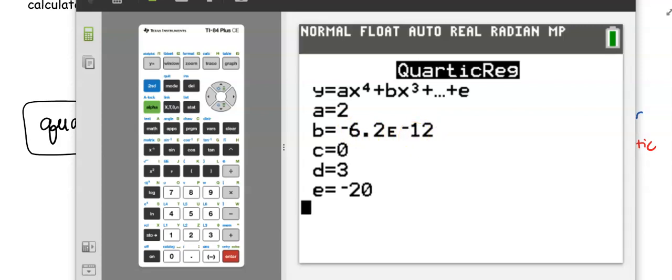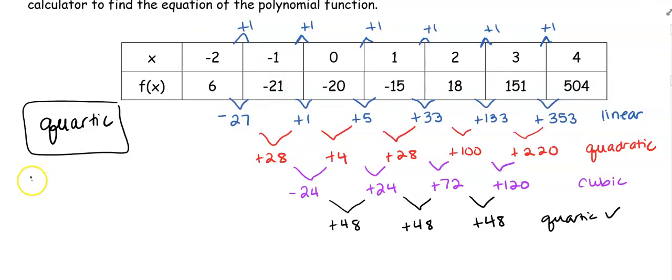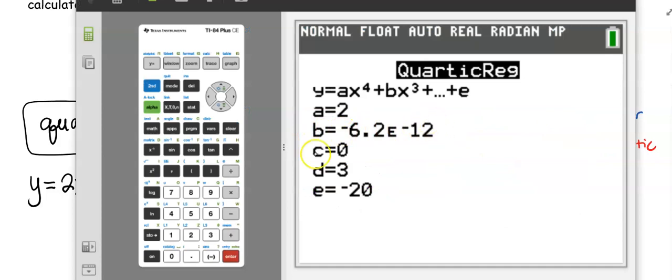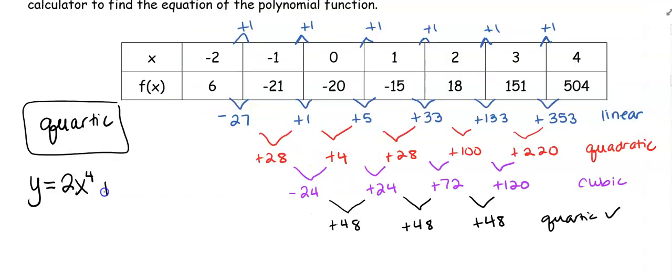So as we write our equation, we have y equals, that a value was 2, x to the 4th. The cubed term is 0. The squared term is 0, so I don't have a coefficient again until I get to x, plus 3x, and then our constant was negative 20.